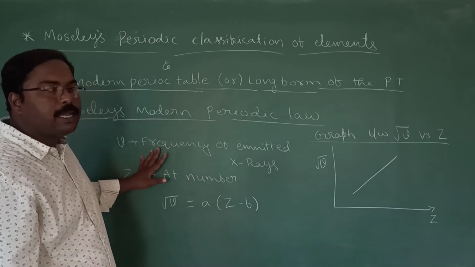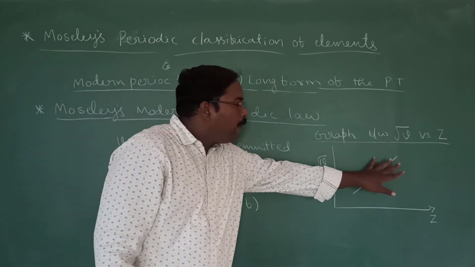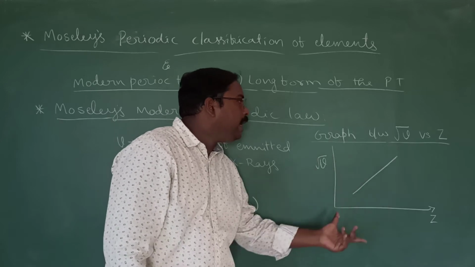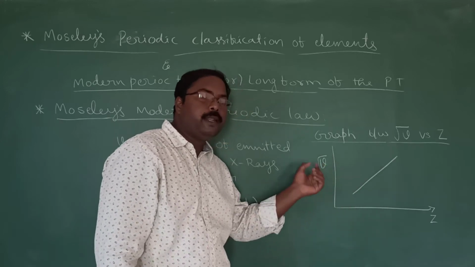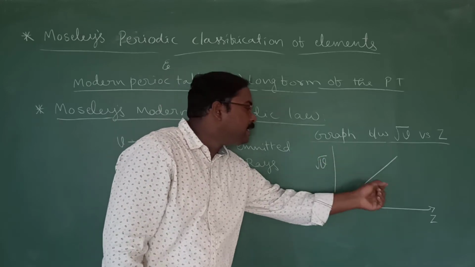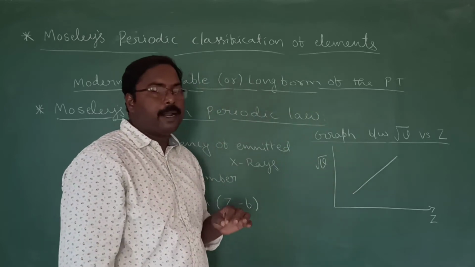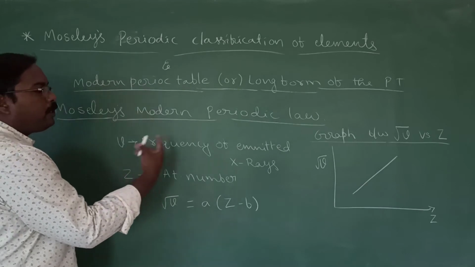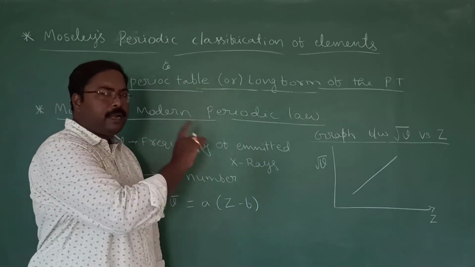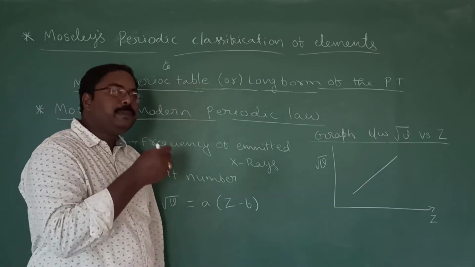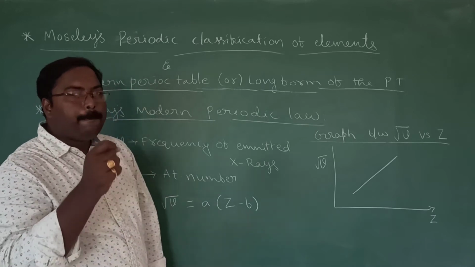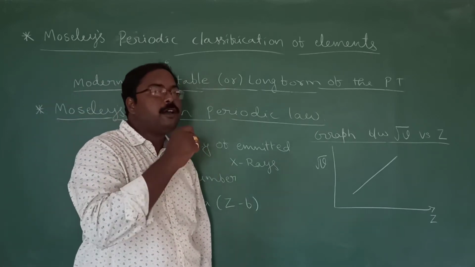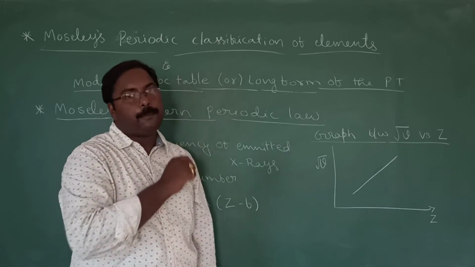Mainly we need to focus on what basis he gave the periodic law. He gave the periodic law by drawing the graph between square root of frequency versus atomic number. Then he came to know both frequency and atomic number are directly related, so he concluded that the properties of the elements are a periodic function of their atomic number.